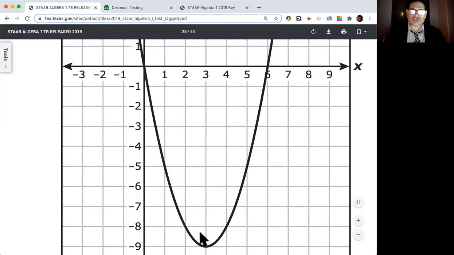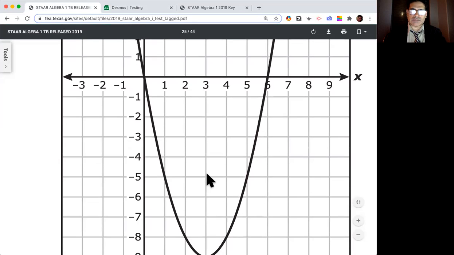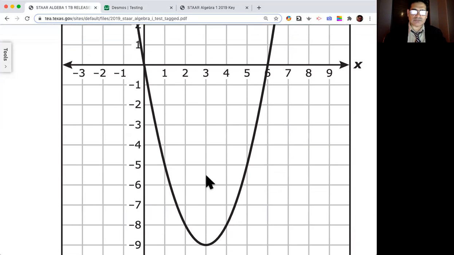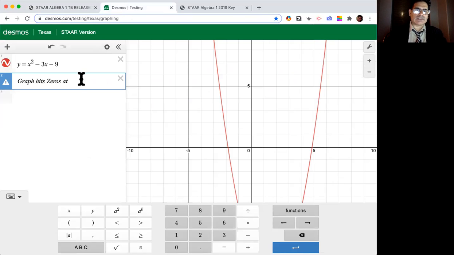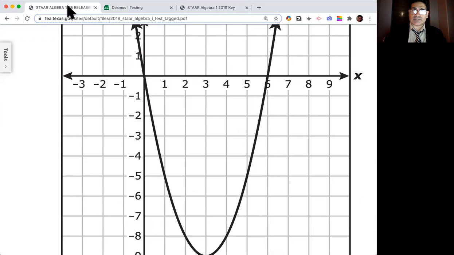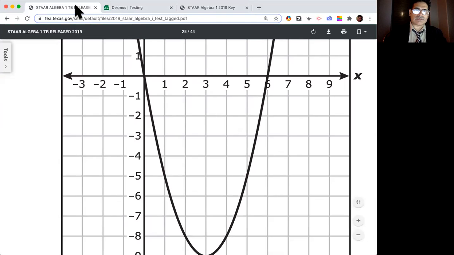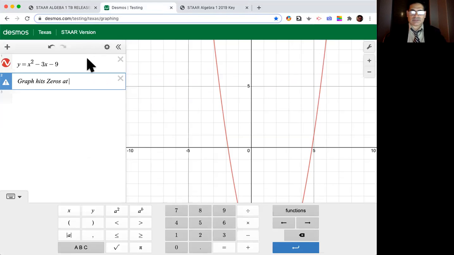I'm not concerned too much with that one. Let's look at that. Hit zeros at 6 and 0. So just note 6 and 0. I put parentheses because I just want to mark it off that these are not calculating anything.